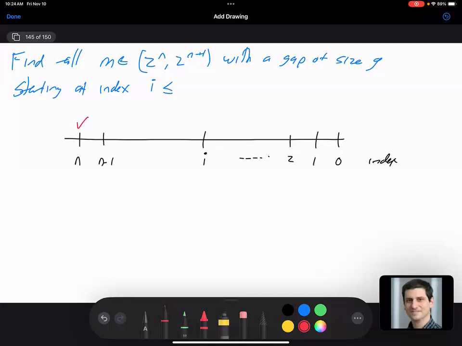What's the largest i we can take and have a gap of size g that starts at i? n minus i? n minus 1 minus i? Nope. We want a gap of length g starting at i. So how large can i be? Give me a value of i that's too large to have a gap of length g starting at it. Not i plus g.